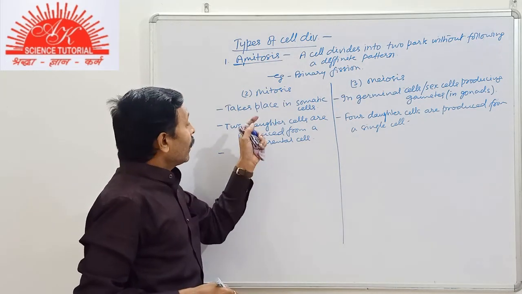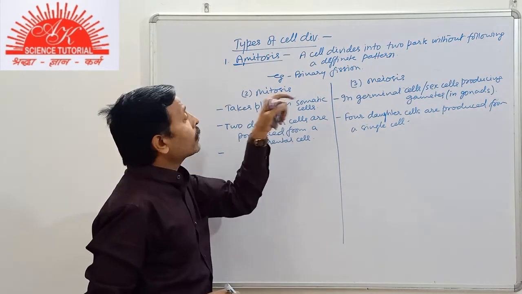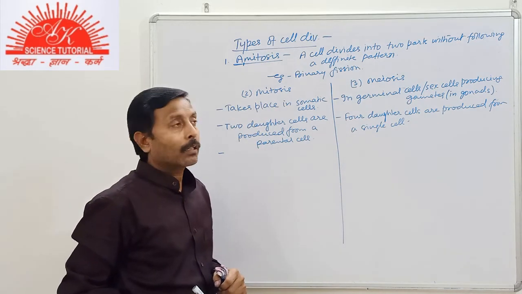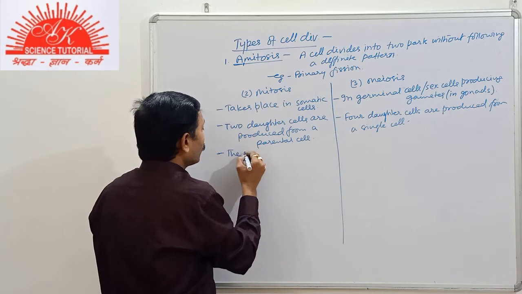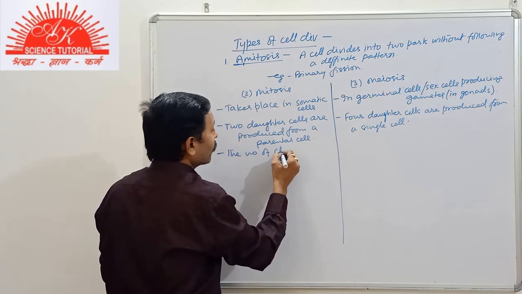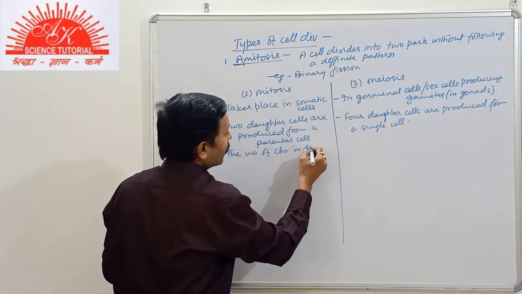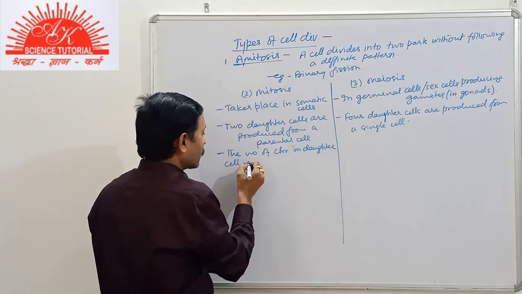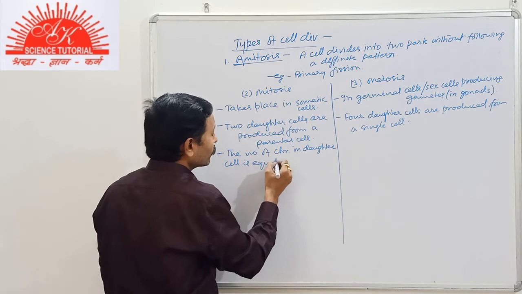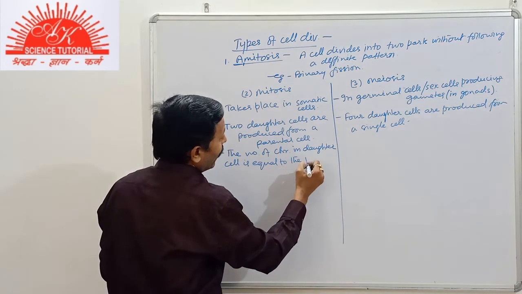Next, the number of chromosomes in daughter cells. Now you see, the number of chromosomes in daughter cells is equal to the parent cell.